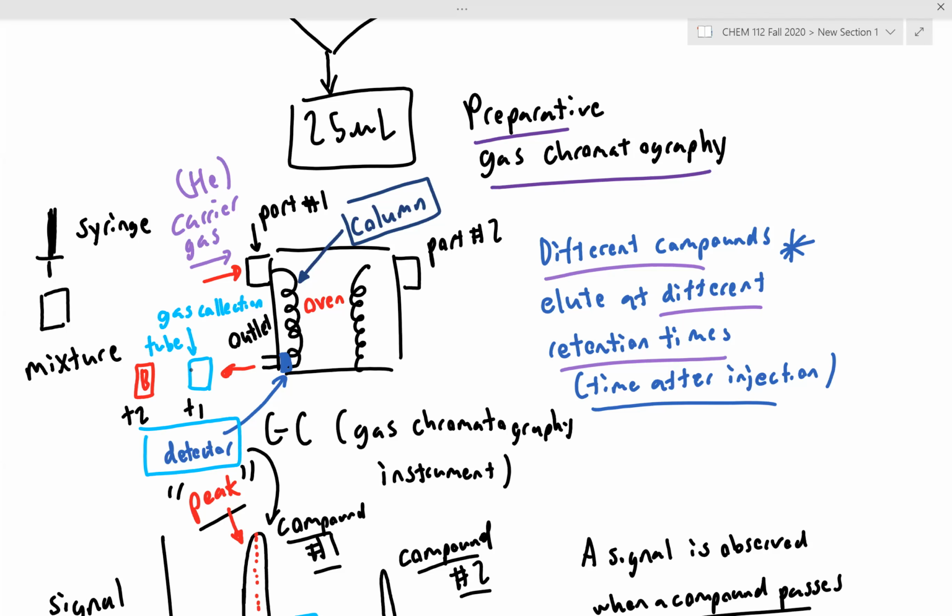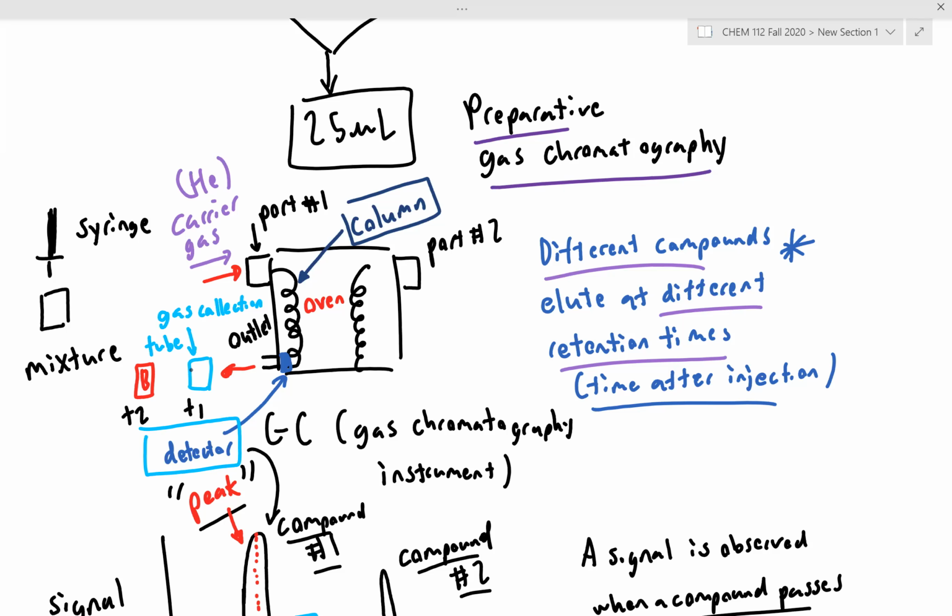We have our mixture, we inject it into a port where it's converted to the vapor phase. It's carried through the column using carrier gas, and as it passes through the column, different compounds will interact with and absorb or condense onto the column surface at a differing frequency and with a differing strength of these intermolecular interactions.